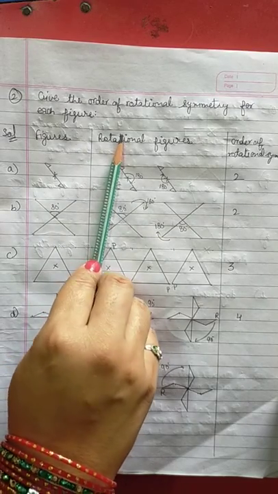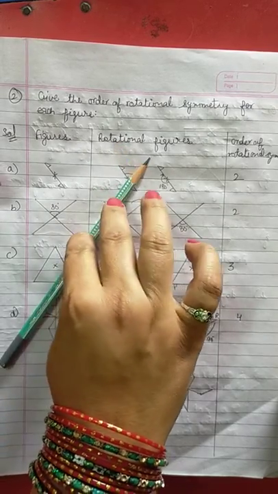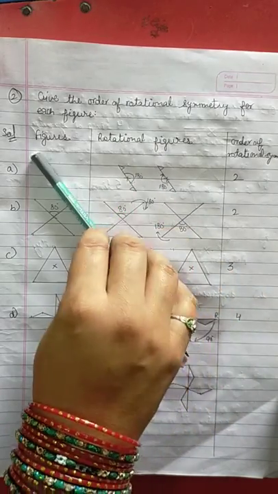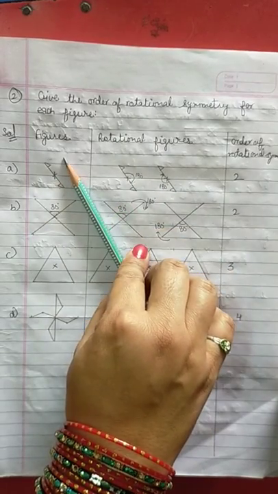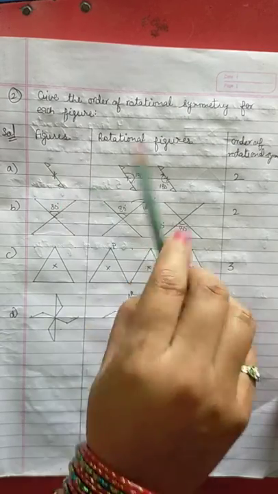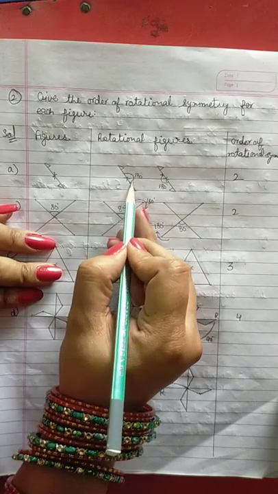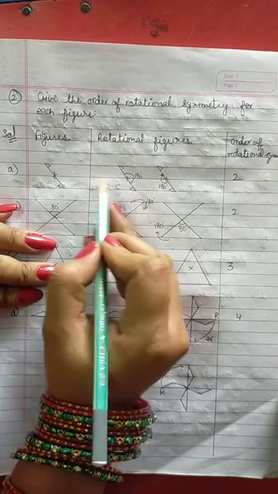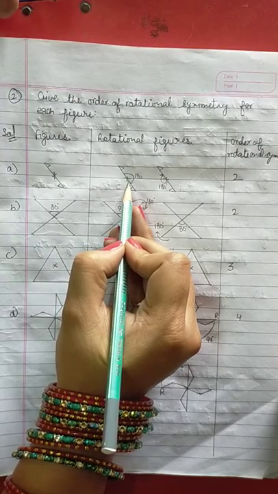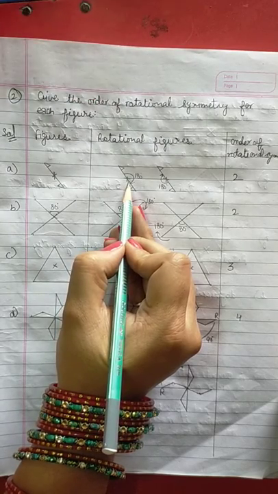First I rotate like this, then again I rotate like this. You can see that it rotates up to 180 degrees. It looks the same on rotation, which is why I rotate it up to 180 degrees.